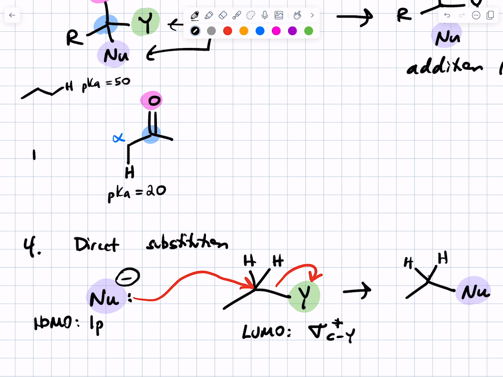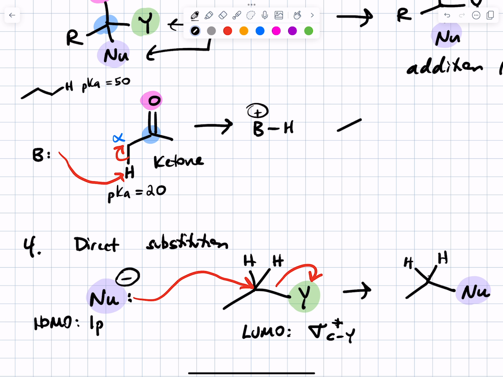So that's a dramatic increase in acidity. A base can remove this proton, and the reason it can is because the corresponding conjugate base of your ketone acid is resonance stabilized.